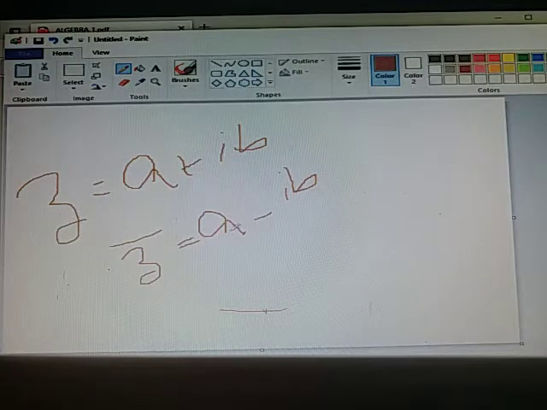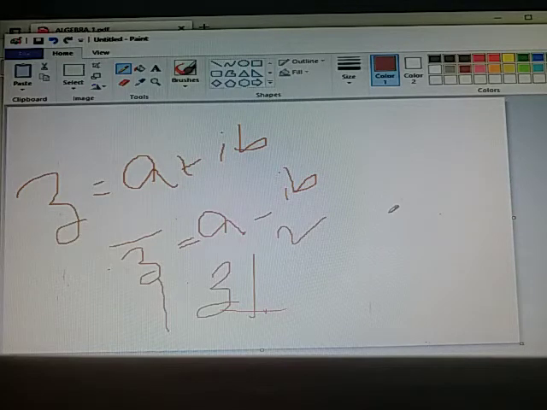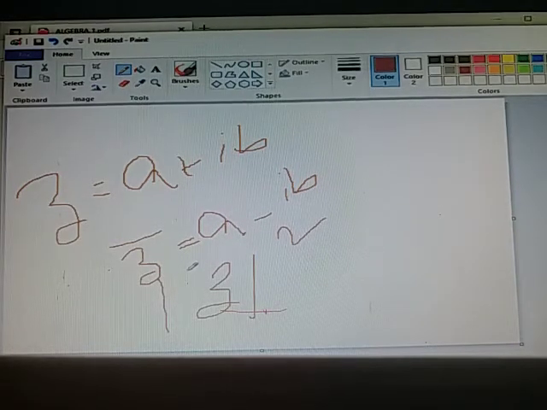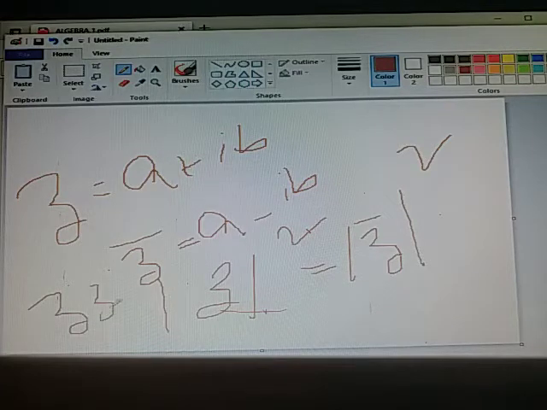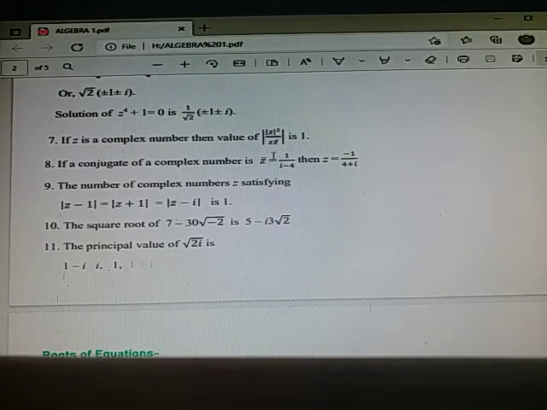So z into z bar is a squared plus b squared, it is mod z squared. So mod z squared is the same value as mod z bar squared, equal to z into z bar. And that is why this value is 1.